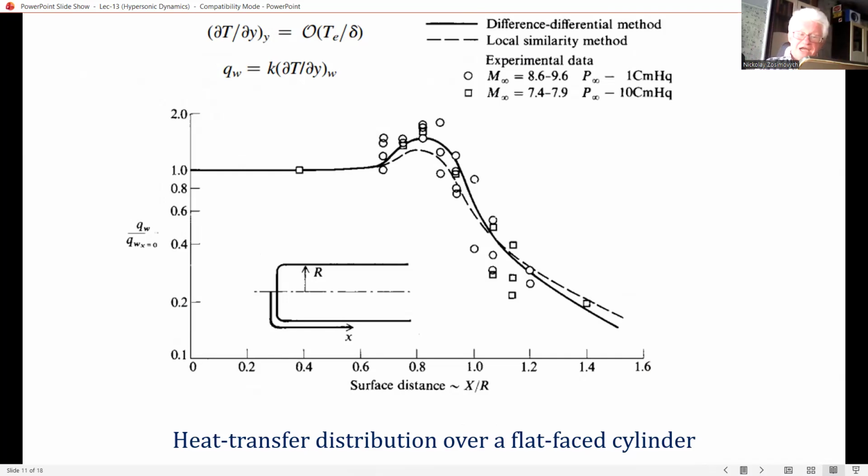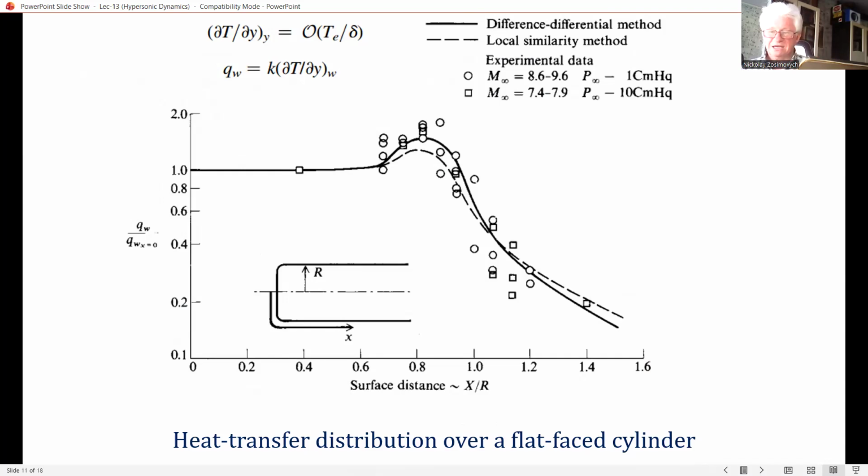The physical explanation for this is as follows. The rapid expansion of the inviscid flow around the corner imposes an extremely large favorable pressure gradient on the boundary layer, which results in an actual reduction of the boundary layer thickness. In turn, the temperature gradients within the boundary layer, including at the wall, are increased because they are inversely proportional to the boundary layer thickness.